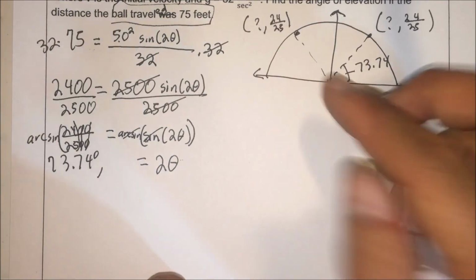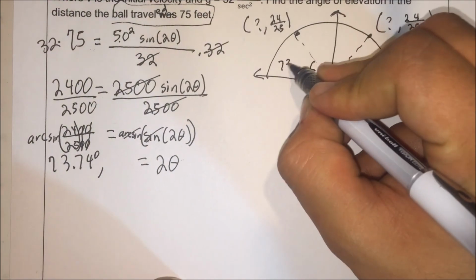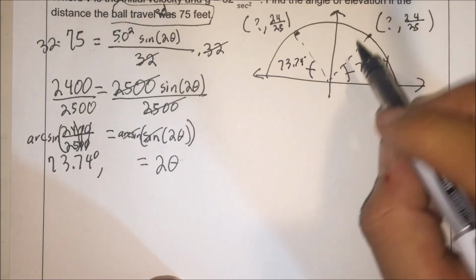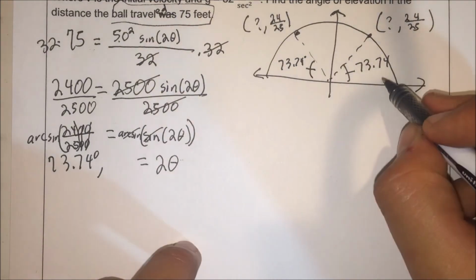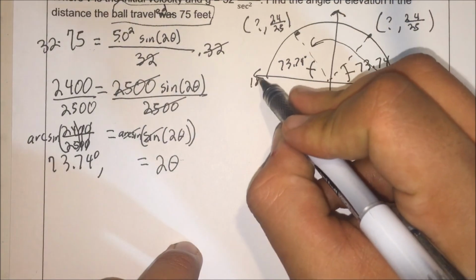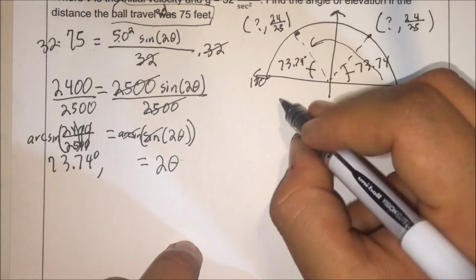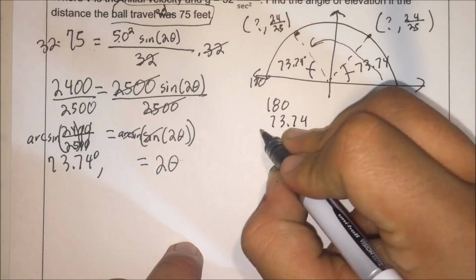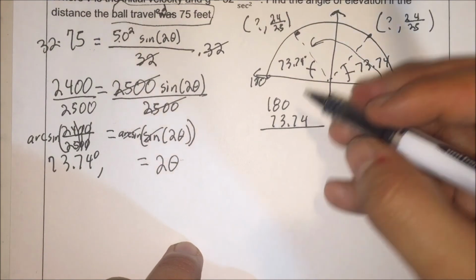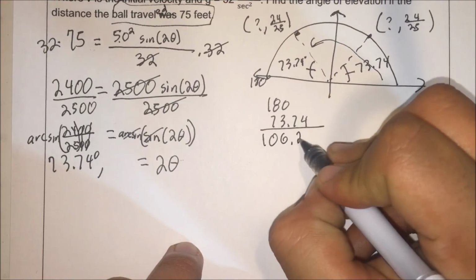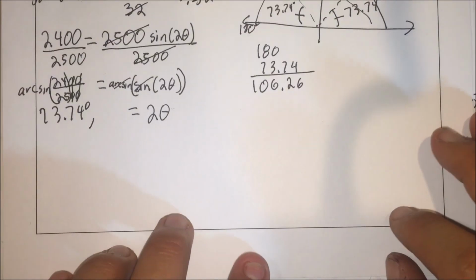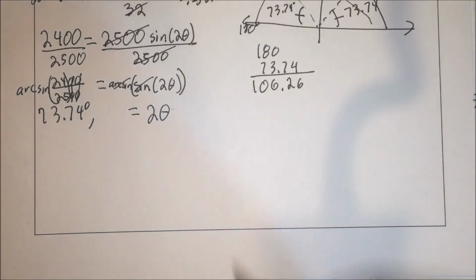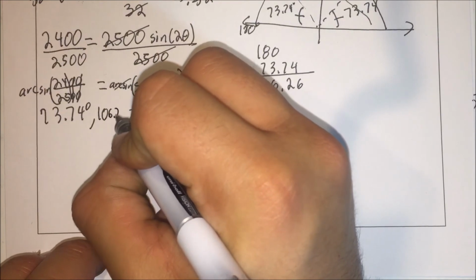But to get this one, this 73.74 is actually the reference angle for that angle. So if I want to find it all the way around, I take 180 and I subtract 73.74 from it. And that's going to give us 106.26. And that's the other angle here.